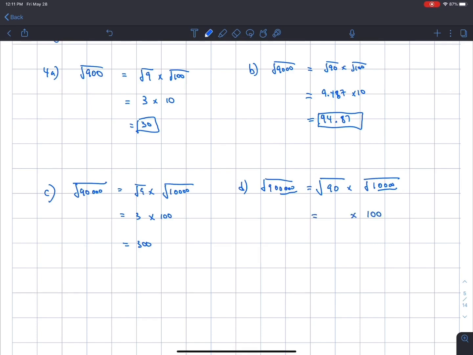And the square root of 90, we were told at the top, is 9.487. So this time we are timesing a decimal number by 1 with 2 zeros. That means we just move the decimal point 2 places to the right. We get 948.7. When you times a number by 1 with 2 zeros, meaning 100, you just move the decimal point 2 places to the right.